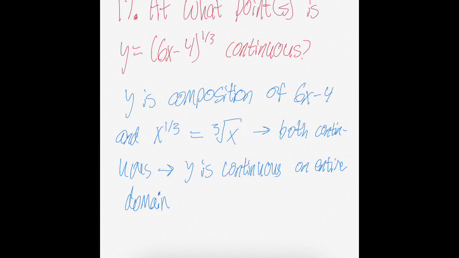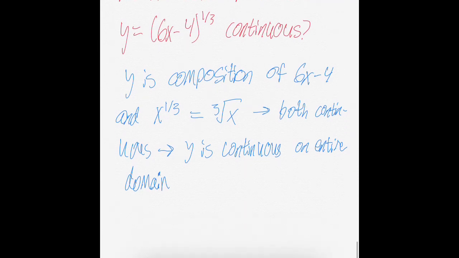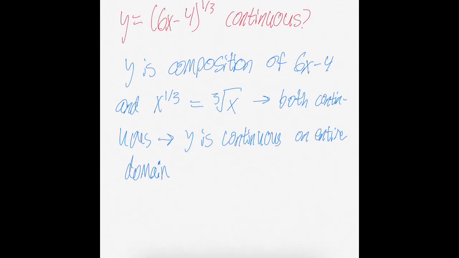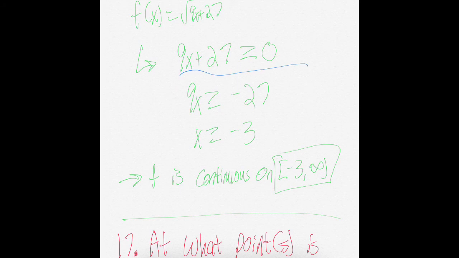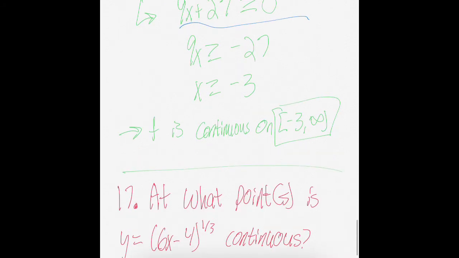So you may be thinking, that's strange. Why did he choose to do two problems in a row that are basically exactly the same? But here is the twist. Before we had to figure out where 9x plus 27 was greater than or equal to 0.